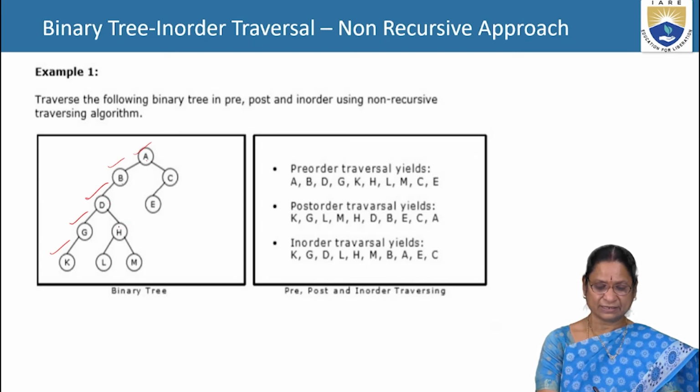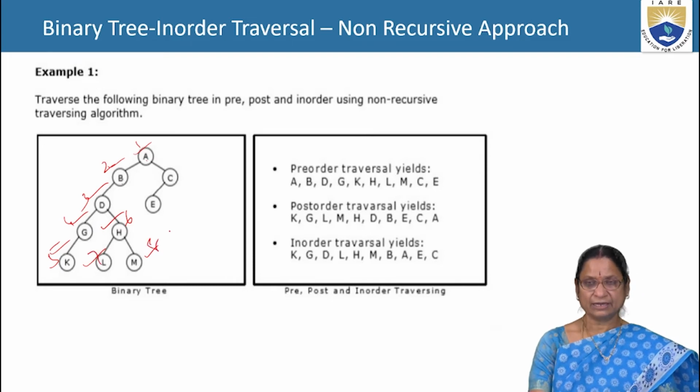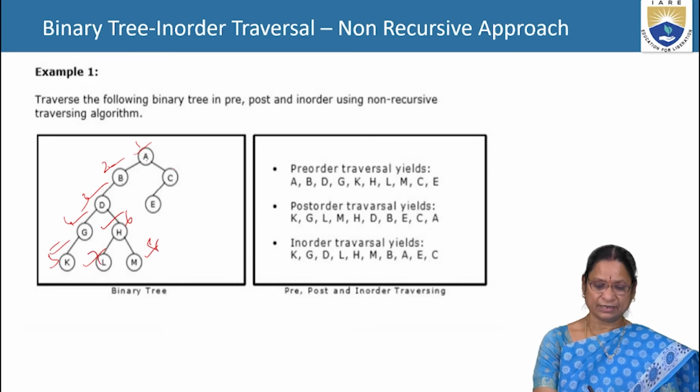Then for D there is a right, H will be processed. After K, H, then left is L, then again right is M. So this is 1, 2, 3, 4, 5, 6, 7, 8. Again we came to the right subtree, and here also first C is the 9th and the 10th.